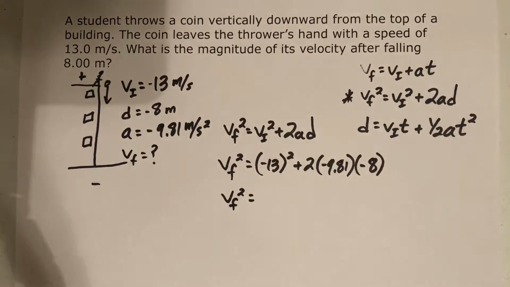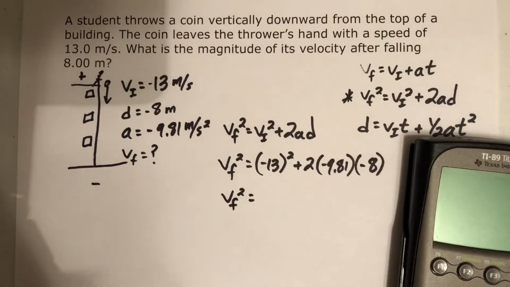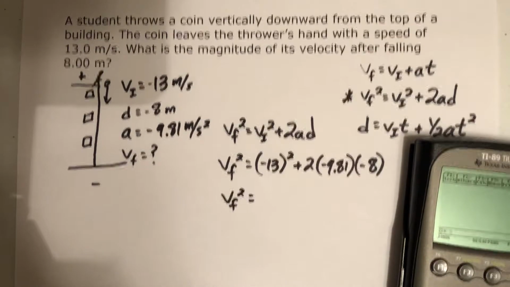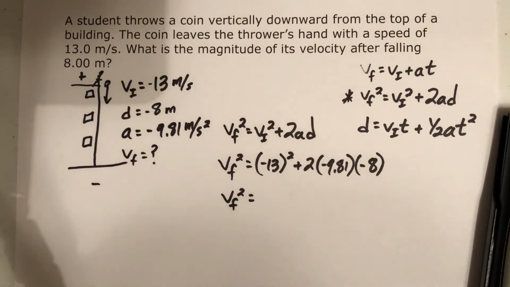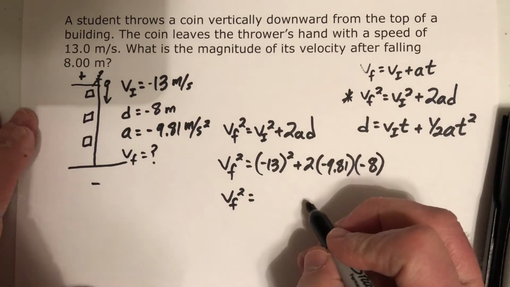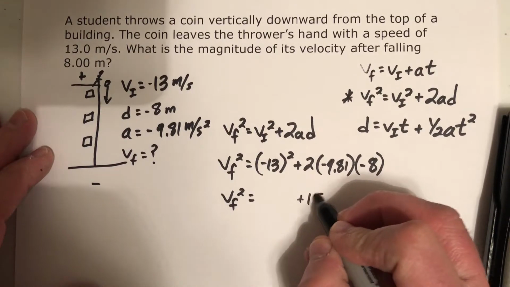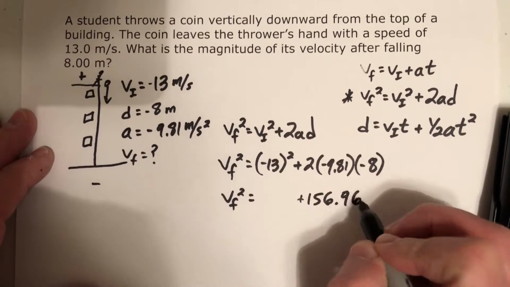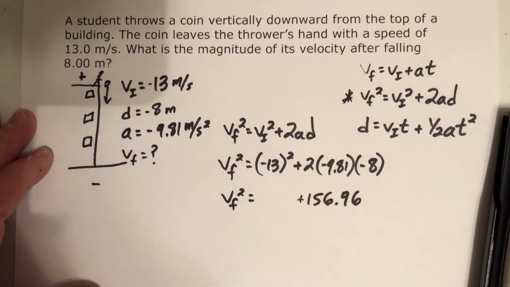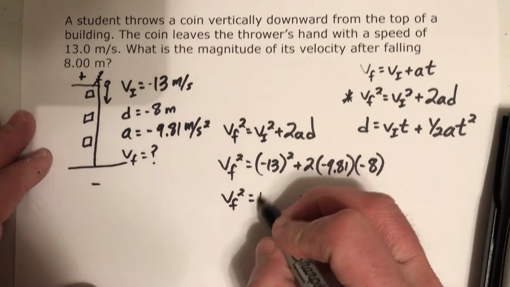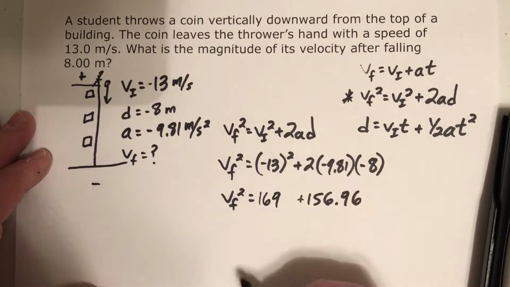Using the calculator, negative 8 times negative 9.81 times 2 gives me 156.96. Since those are multiplied together, it becomes positive. And then 13 squared gives me 169. It's squared, so it becomes positive.